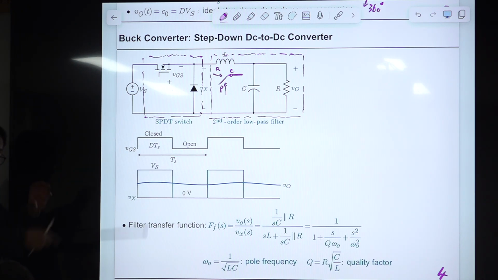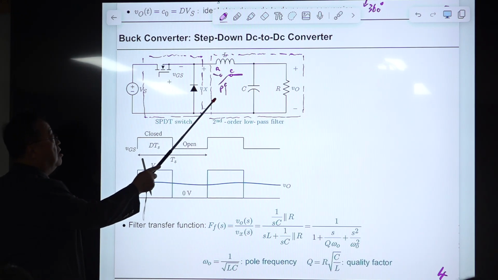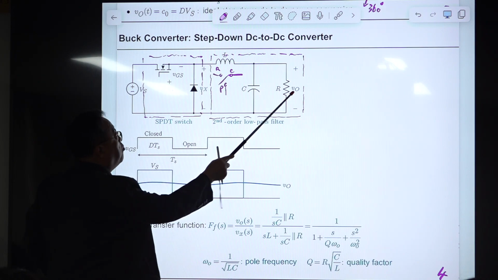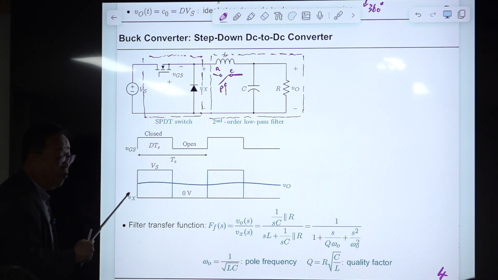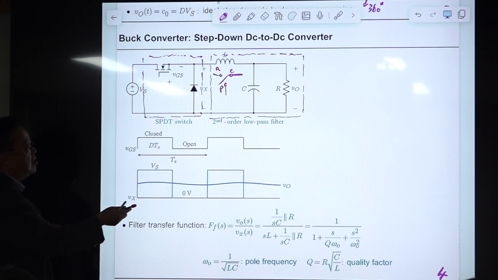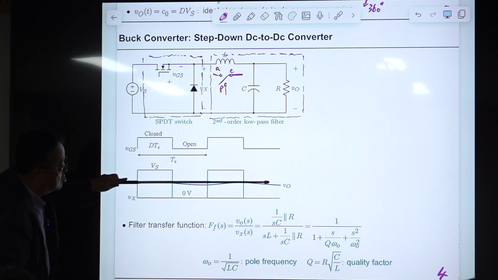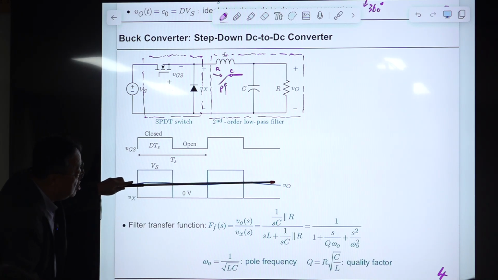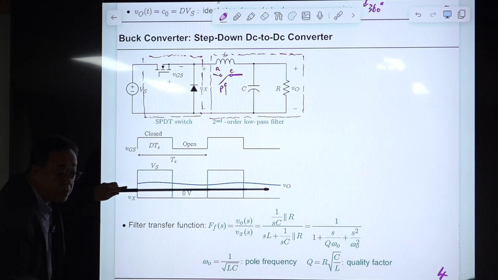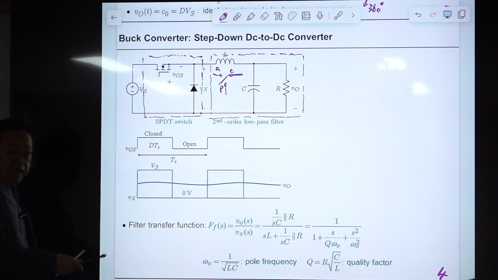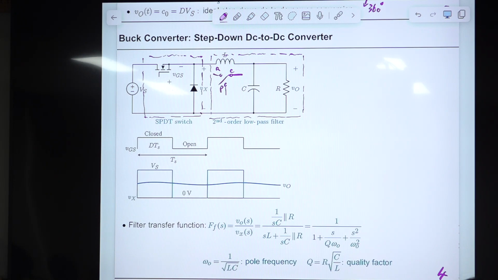Maybe there is some small voltage drop, and small resistance. So assume everything is ideal. Then this voltage will be applied to this low pass filter. Then the output of the low pass filter will smooth out these waveforms. But the final waveform is something like this. The DC value is the average value of it, but there is some sinusoidal-like component. This is called the ripple.